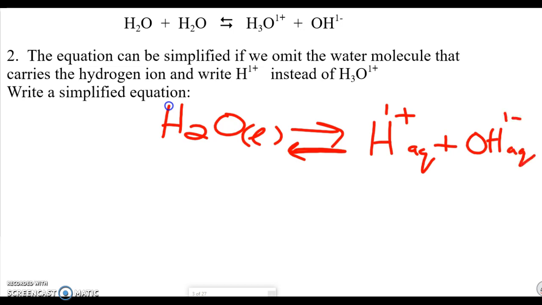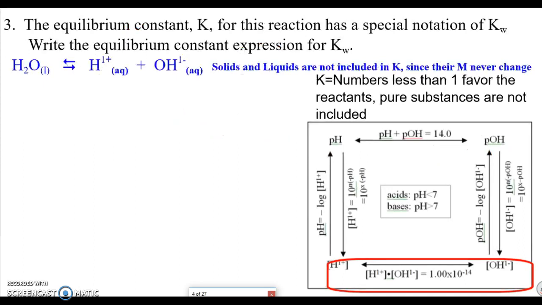So what we did is we chopped off this extra OH and just left the hydrogen ion, and we have the hydroxide ion, and we cut out one of the water molecules and simplified it. And that's our reaction for acid-base reactions that we've been using for a long time. But that's going to come into play on the next slide.